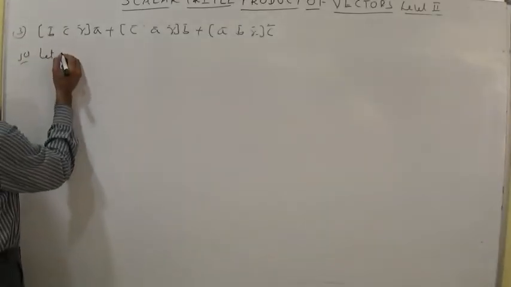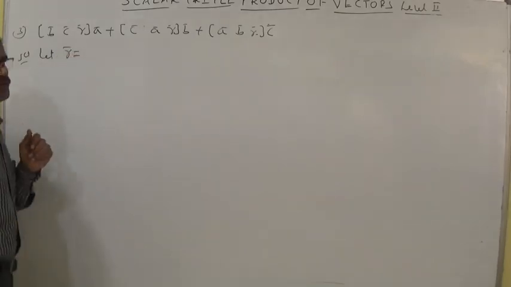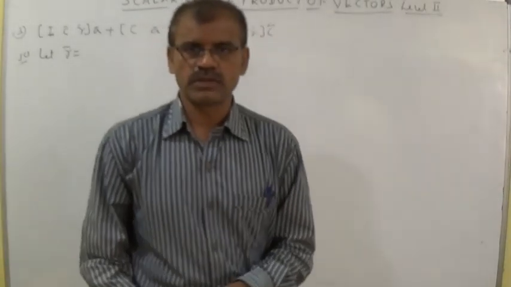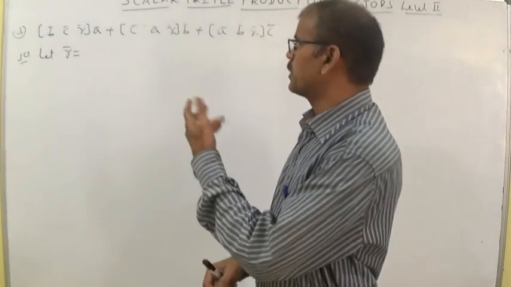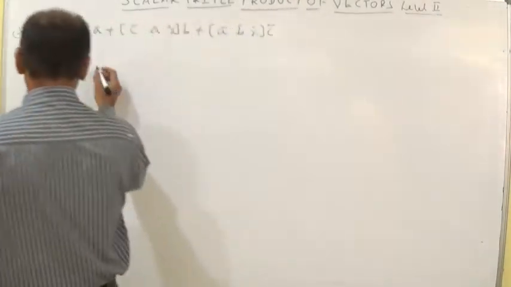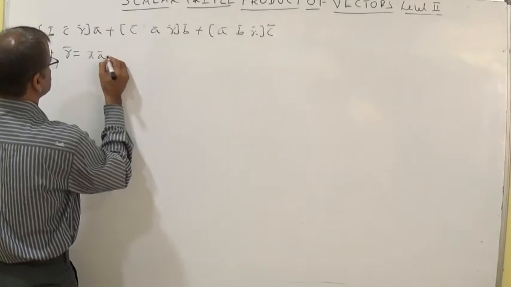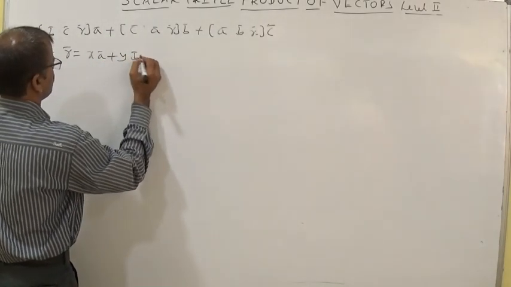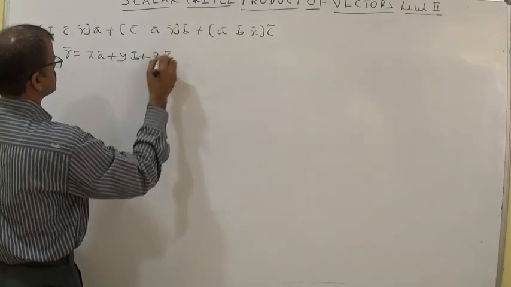According to the general position, R bar equals XI bar plus YJ bar plus ZK bar. Here, according to ABC, let R bar be equal to XA bar plus YB bar plus ZC bar.